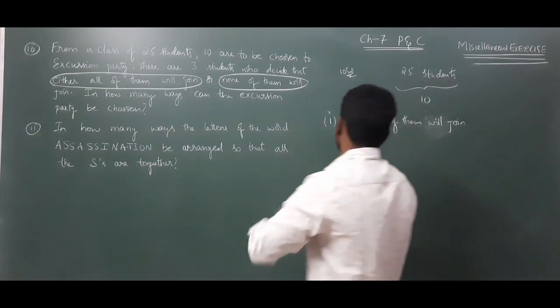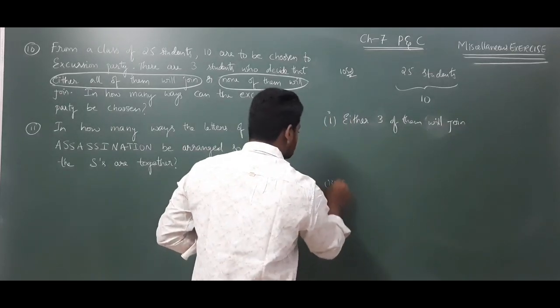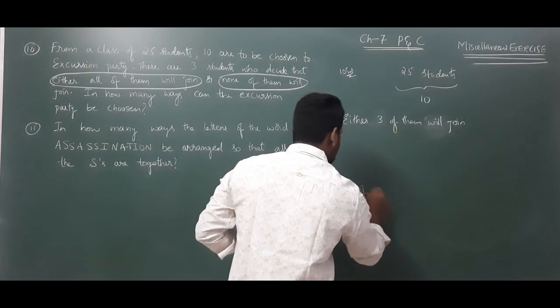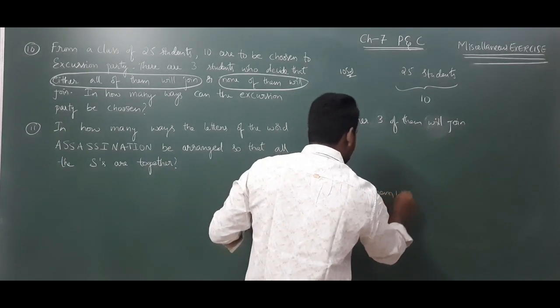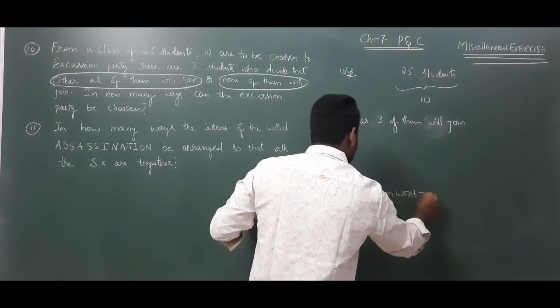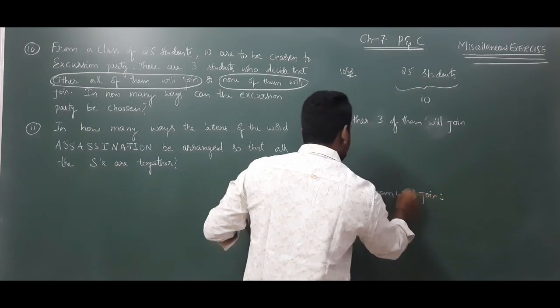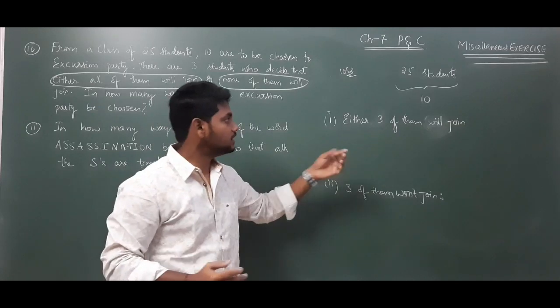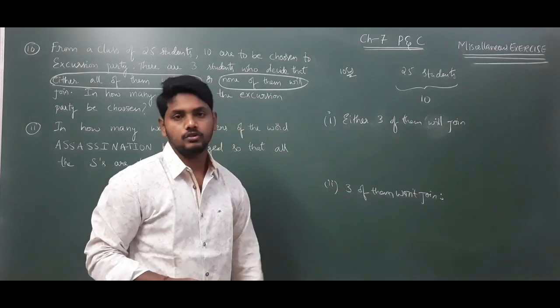The next case is none of them will join, so 3 of them won't join. So these are the 2 cases we have, right? Out of 25 we need to select 10. In that, either 3 of them will join or 3 of them won't join.